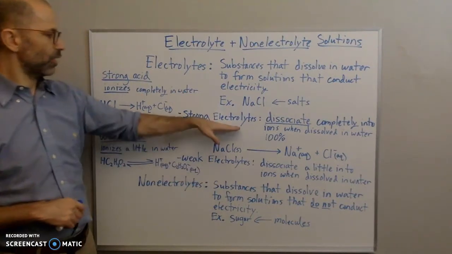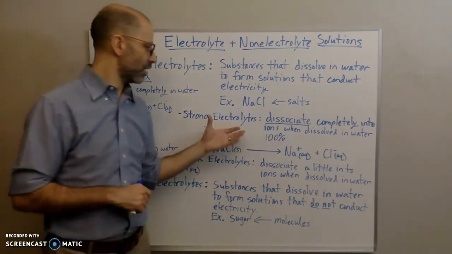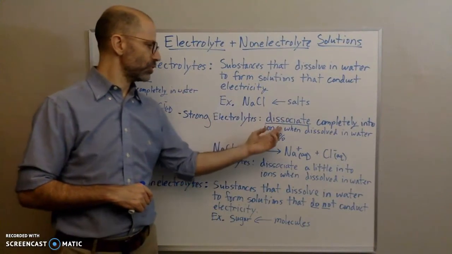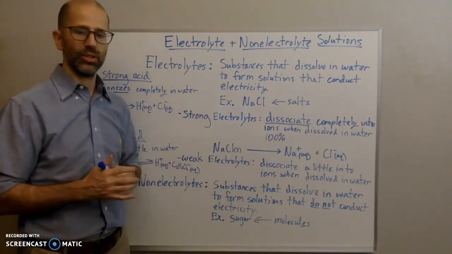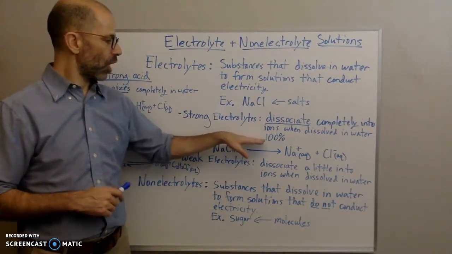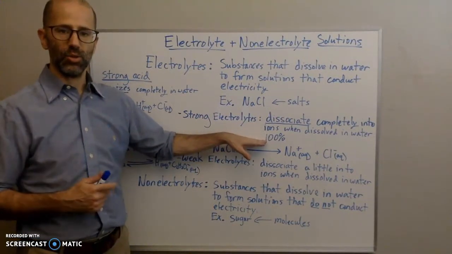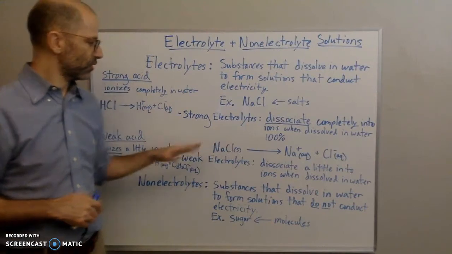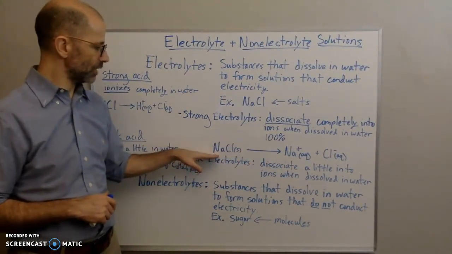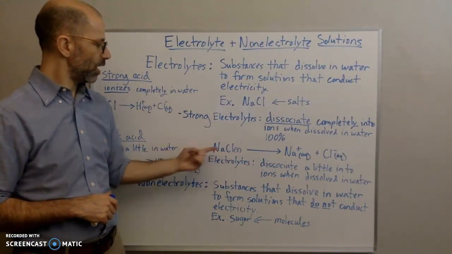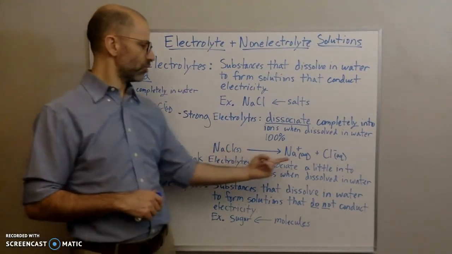A strong electrolyte is where the electrolyte will dissociate completely into ions when dissolved in water. So 100% dissociation. This is a one-way equation. If I throw my salt into the water, then it's just going to go in this direction.